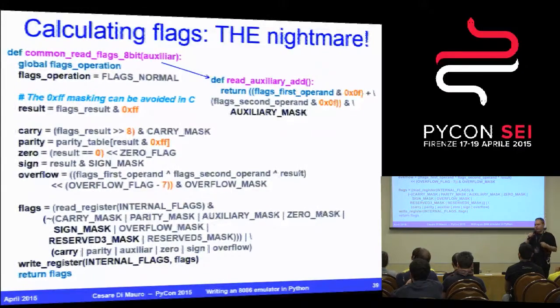It means that you have to calculate 6 flags for that, and as you can see, it requires a lot of operations. Since instructions like addition, subtraction, and so on are very common, if we always execute that, the emulator speed will be very, very slow.